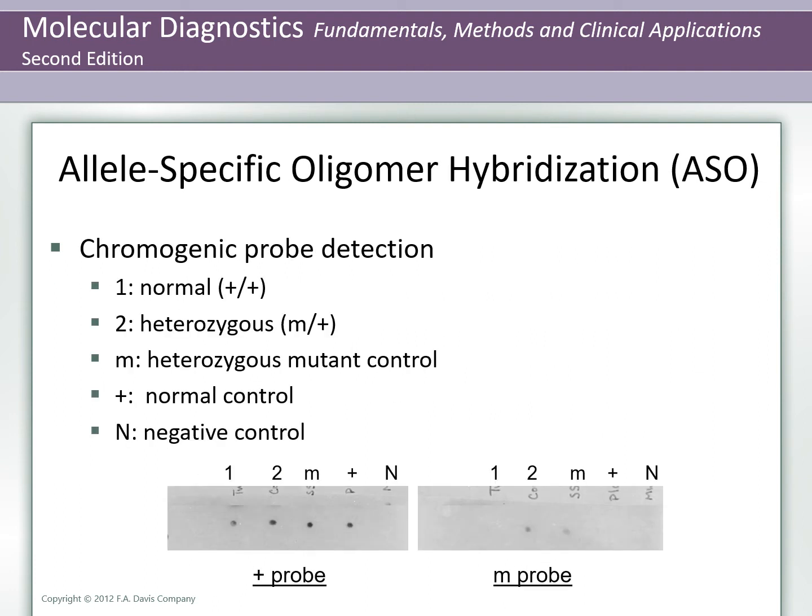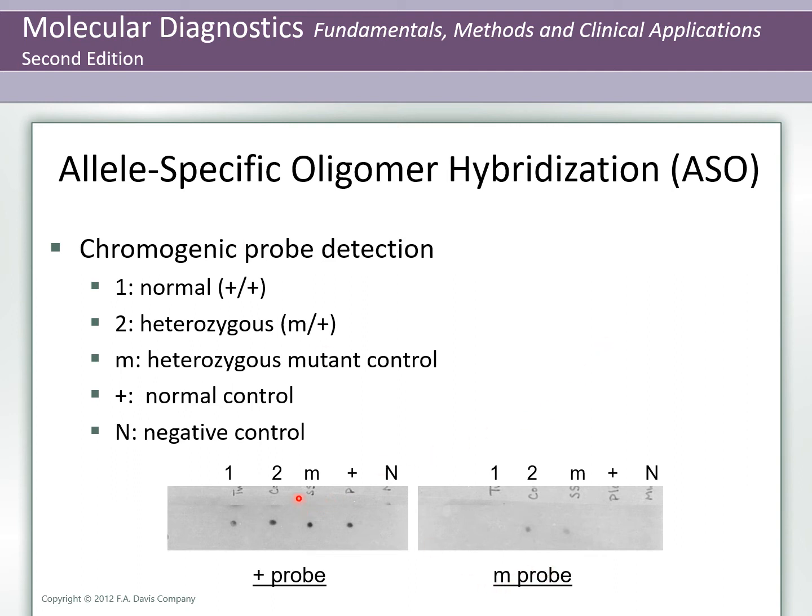This example shows autoradiograph results of allele-specific oligomer hybridization using chemiluminescent detection. One normal sample and one heterozygous sample are shown with a heterozygous mutant control, a normal control, and a negative control.